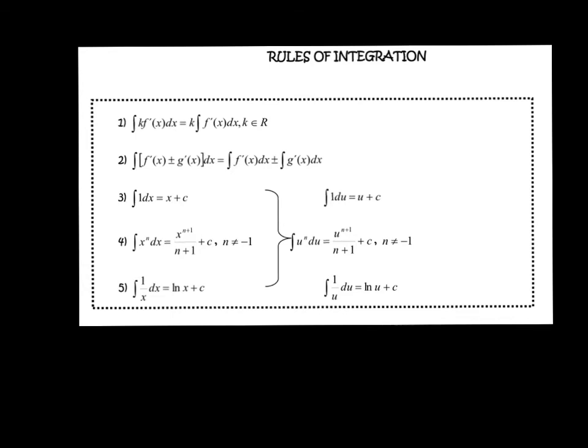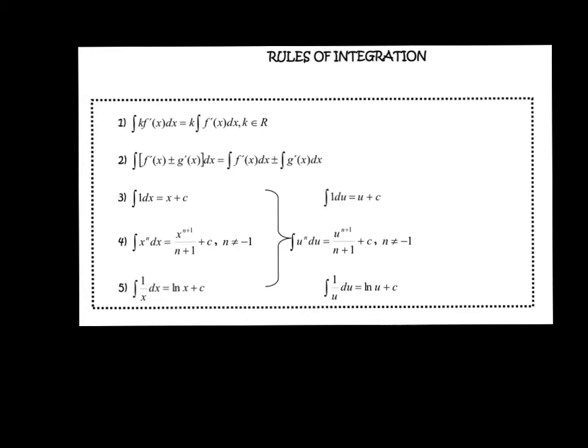The second rule is that the integral of a sum is equal to the integral of the first function plus or minus the integral of the second function. The third rule says that the integral of 1 times dx is equal to x plus a constant that can be any number. And then we have the fourth rule.